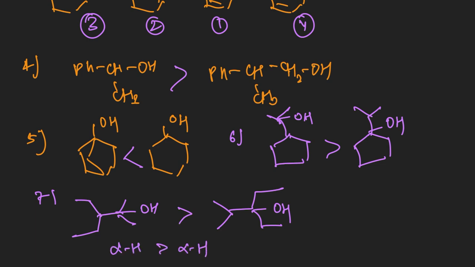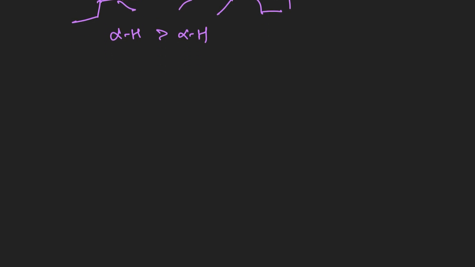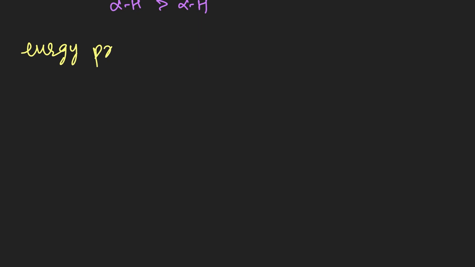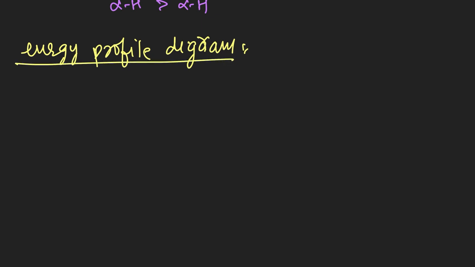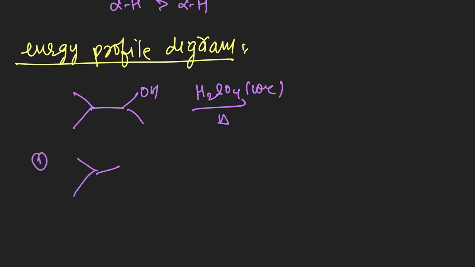Now write the energy profile diagram of the reaction. How does an energy profile diagram look? Let's say first of all we are converting this into an alkene by reaction with concentrated H2SO4 and heat. So first of all H plus will go. An acid-base reaction will take place. This OH will react with H plus and form OH2 plus.